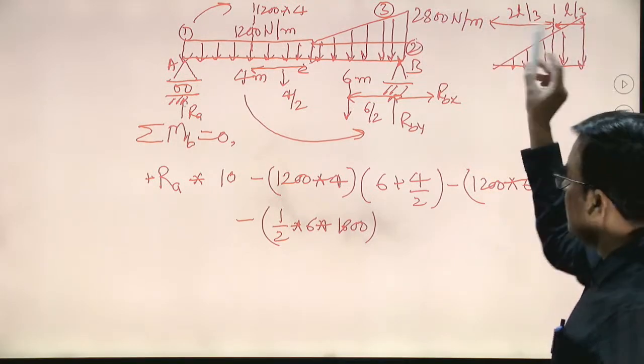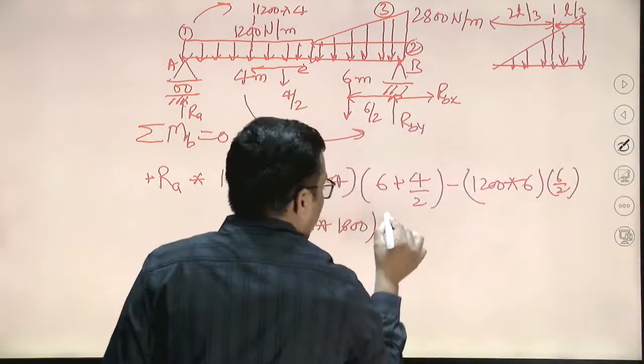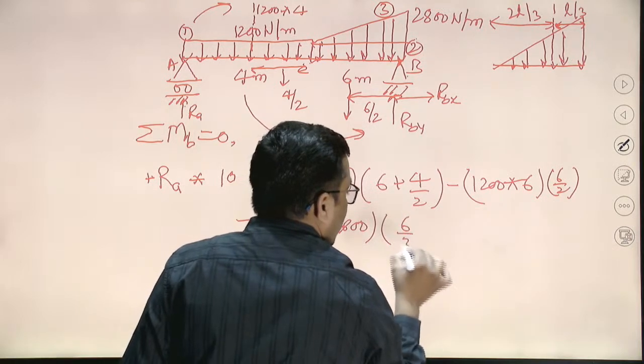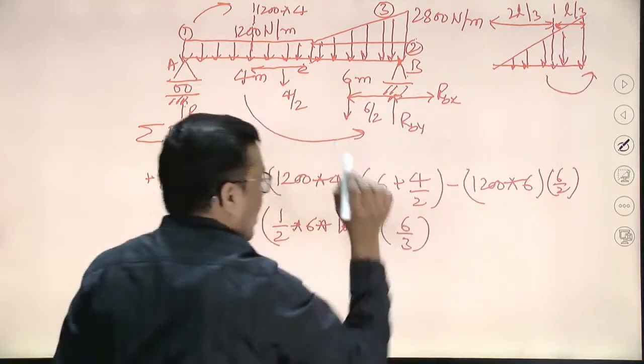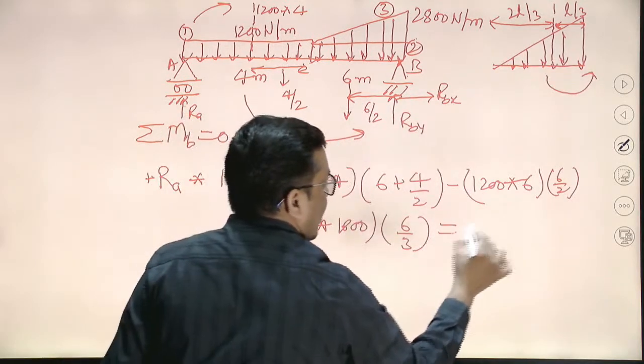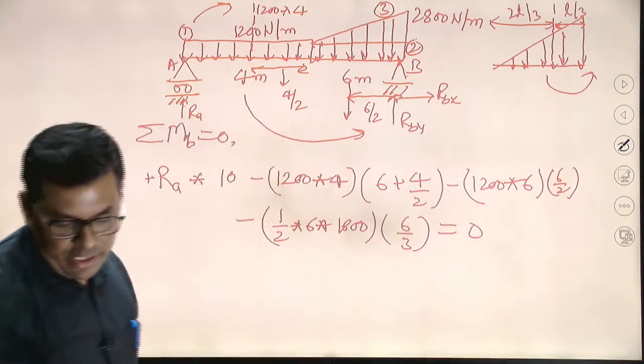So the distance is L by 3, which is 6 by 3. What will be the tendency of rotation? Anti-clockwise, so minus is already there. Now you can find out.